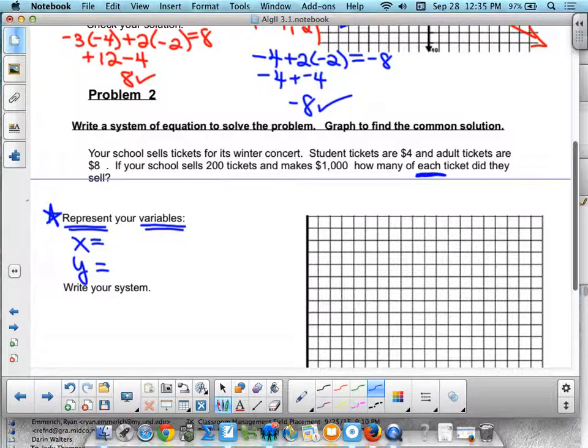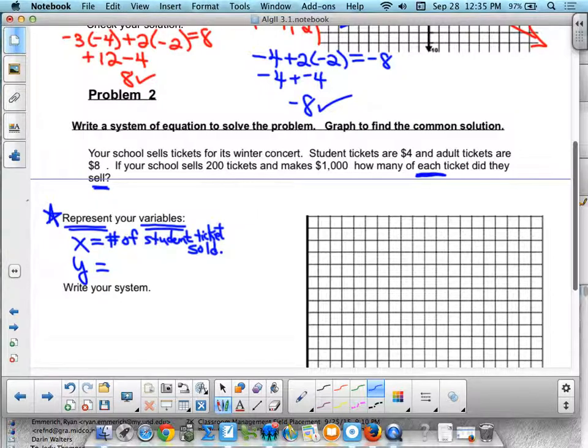What are you gonna let x be? Students, okay. So number of what? Student tickets. Okay, but not just student tickets. There it is, it's right there. Sold. They said, how many of each ticket did they sell? So you might want to put sold.